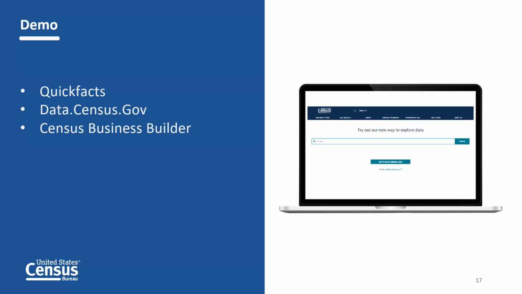ACS covers the 50 states, and there's a particular ACS for Puerto Rico. Census Business Builder is another tool I probably won't get to show you. It's geared towards business people, but you kind of have to understand the data first. That's why I go step by step through a little bit about the data before people dive in there.